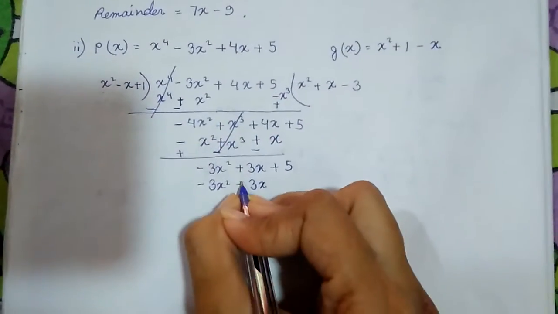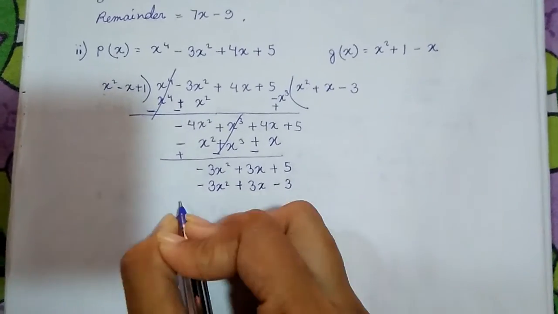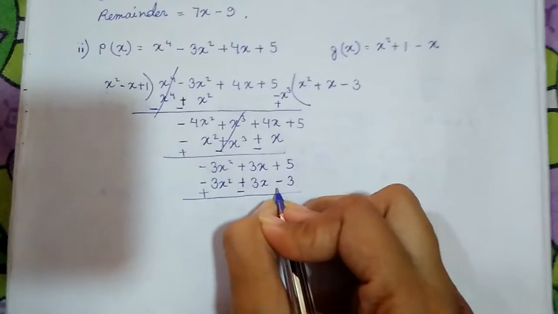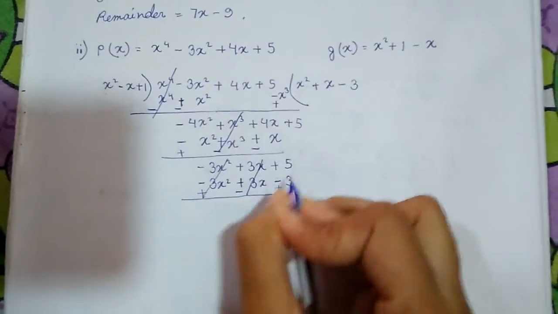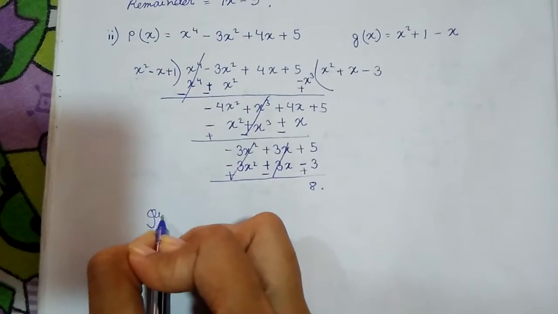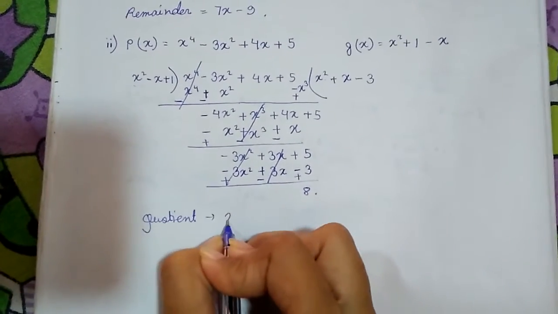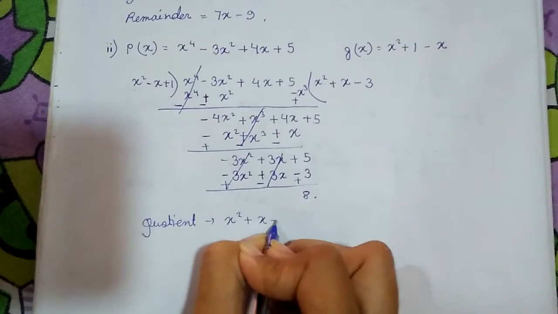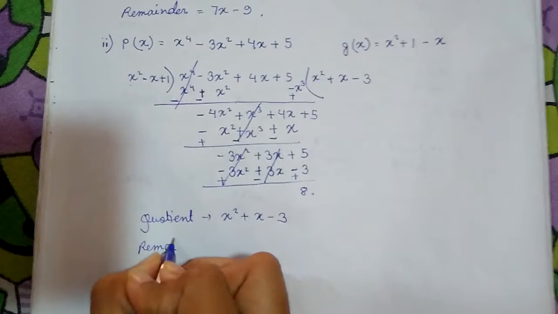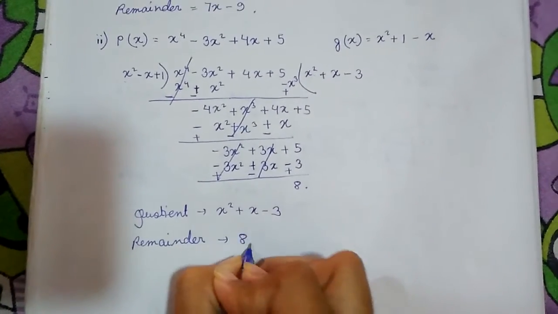Sorry, minus it will be plus 3x, and minus 3 into 1 became 3. Now we have to change the sign. 5 plus 3, we got 8. So here quotient is x square plus x minus 3 and remainder is 8.